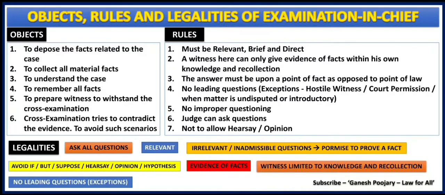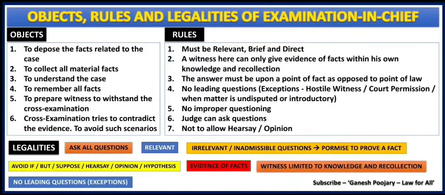Now, if examination in chief is not done in a right way, in that case the witness cannot withstand the cross-examination, and that will not suffice the requirement for that particular party. So that way it plays a very important role, and that's one of the foremost objective of this particular aspect.